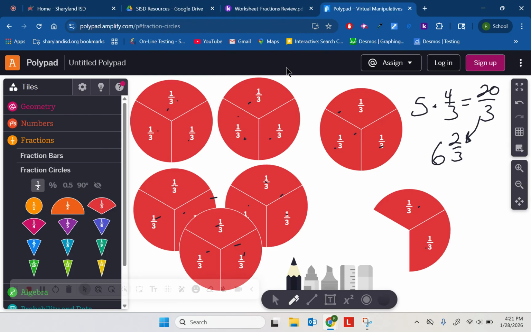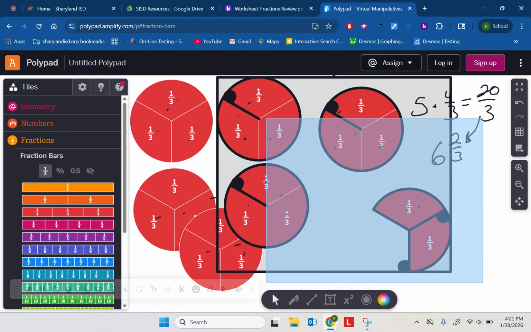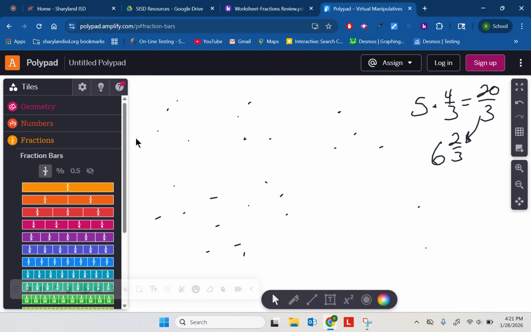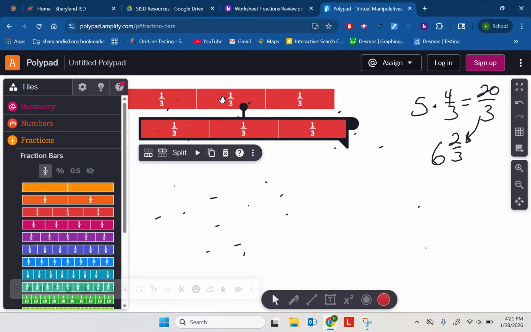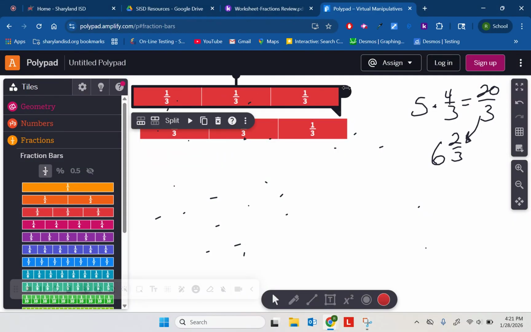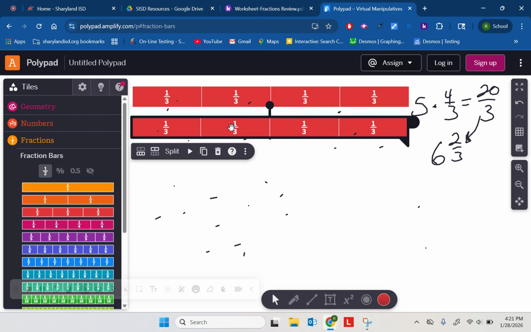Okay? You can use manipulatives. You can use fraction bars. It'll do the same thing for you. If I come out here, I can do the exact same problem again and bring out the bars. 1, 2, right? And all I gotta do is this, just expand it out again. And I can actually delete this guy and then just go copy, copy.